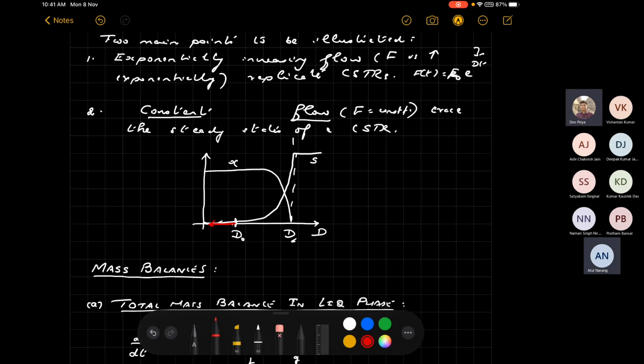What I'm saying here is that if I changed the value of D suddenly, the system would depart from steady state. Why? Because let's say I change the value of D from 0.1 to 0.01 with one fell swoop.